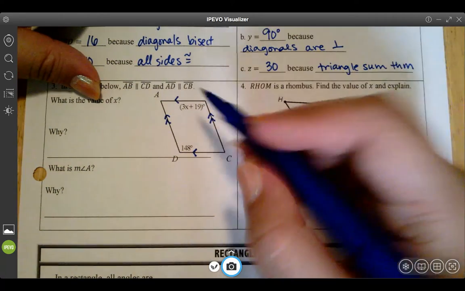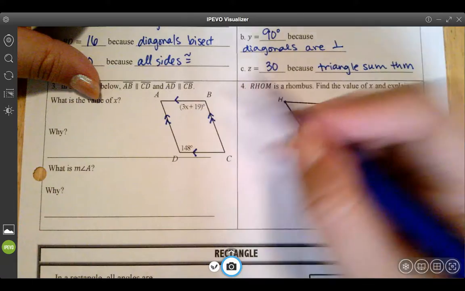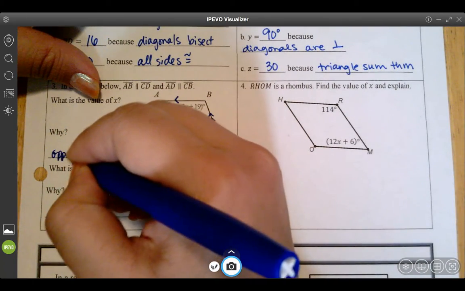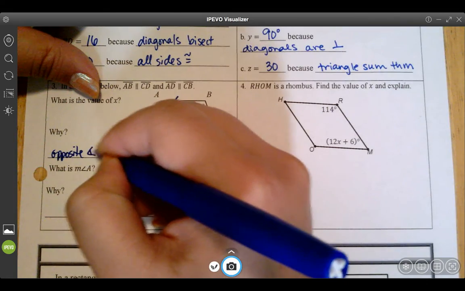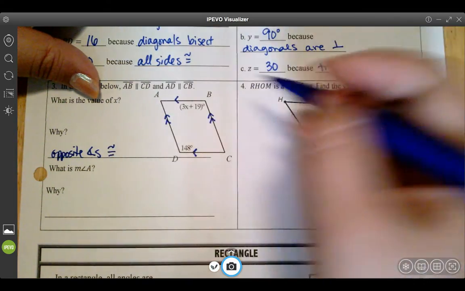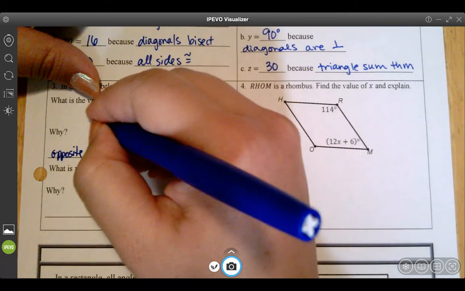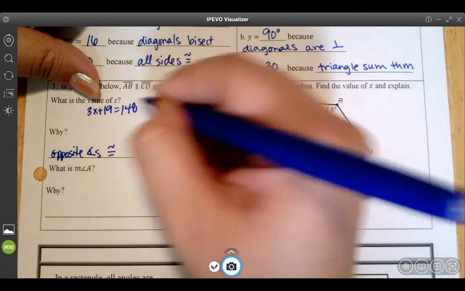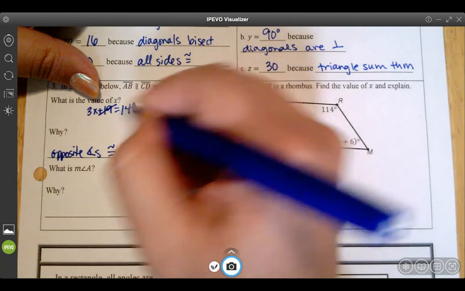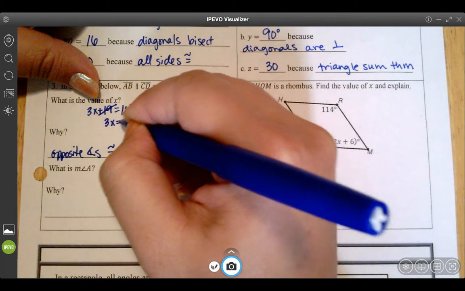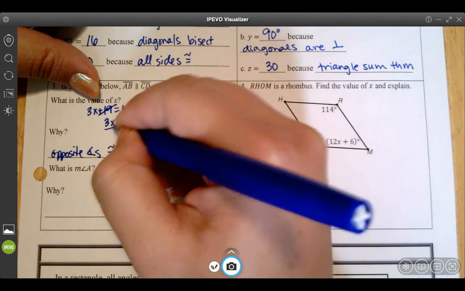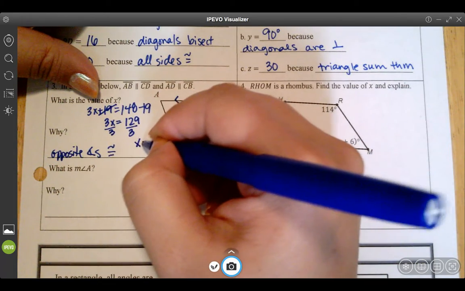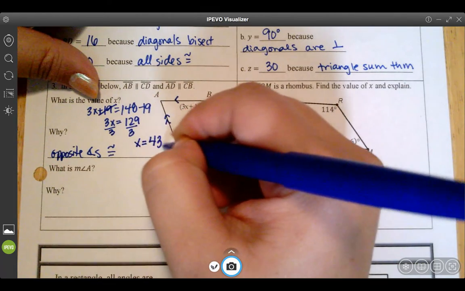Well, in a parallelogram, opposite angles are congruent. And that means that 3x plus 19 equals 148 minus 19. 3x equals 129. Divide by 3. x equals 43.